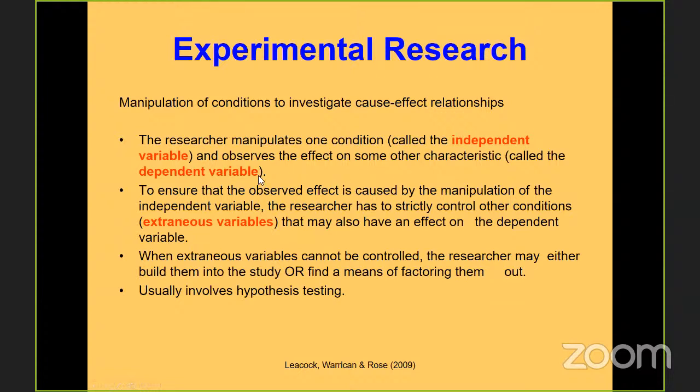For example, if you want to figure out if a new educational pedagogy or tool could improve academic performance, there are so many other things that affect students' academic performance, like stress levels, financial problems, aptitude in the class, and a long list of other things.